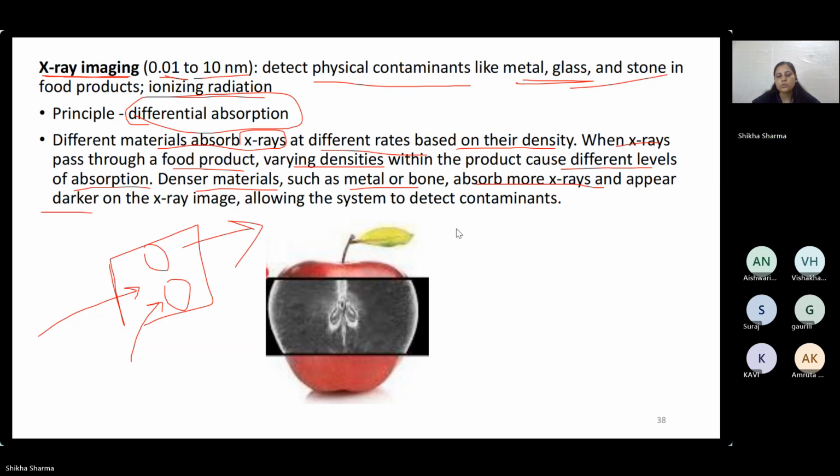The food product, maybe some lighter compound, will be a little lighter. So this foreign material can be taken out, and this food product can be processed.